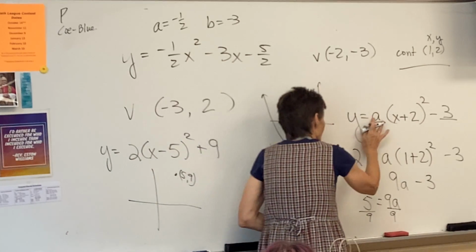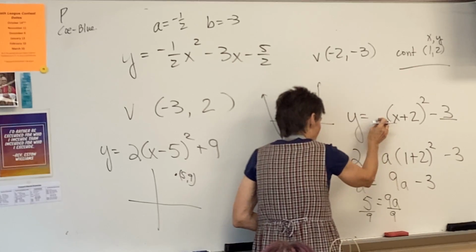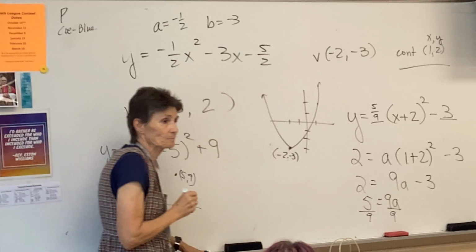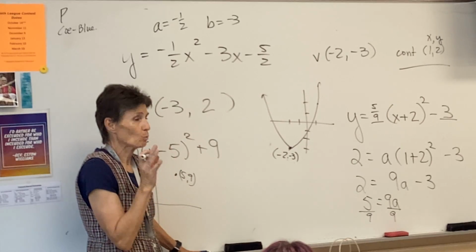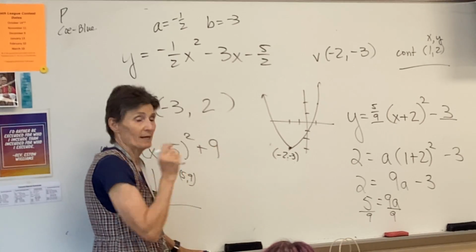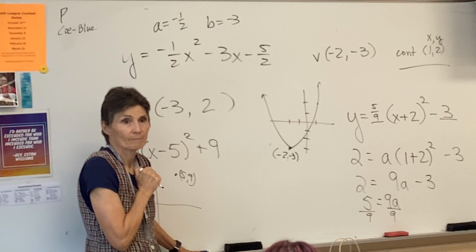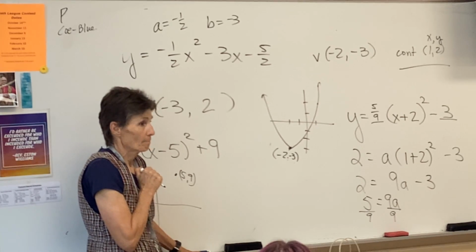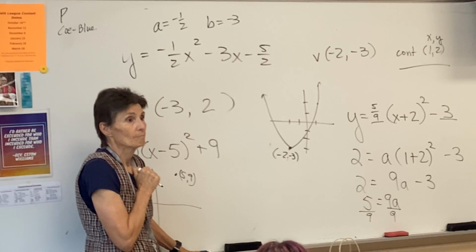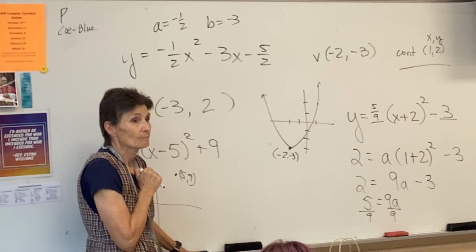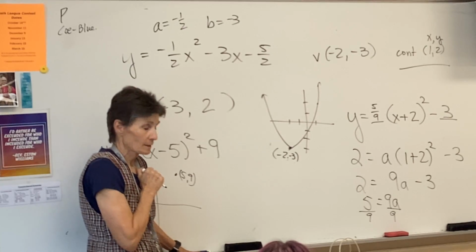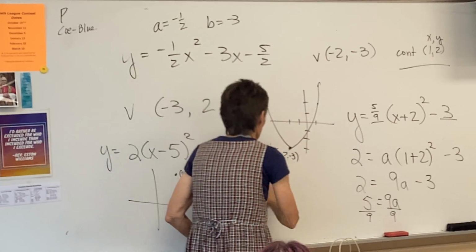So this A number is 5/9. Now, I don't care that it's a weird number, it doesn't matter. I'm done. That's the answer to the question. Good? Okay. Let's try the next one.